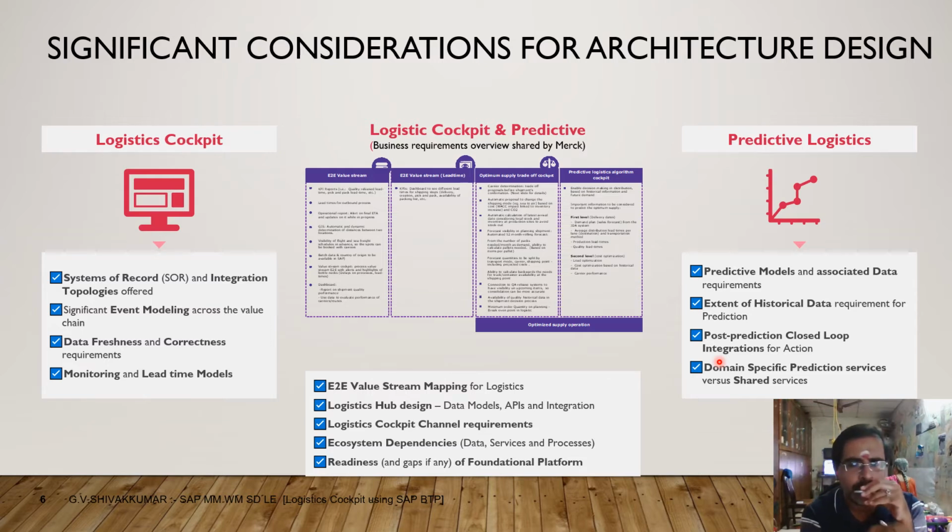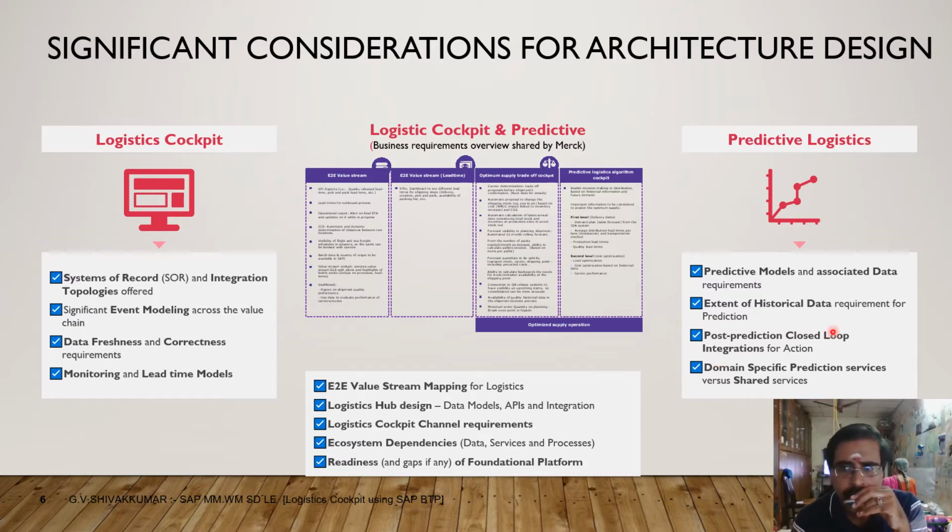Again, that correctness will be at the actual, and the estimated results based on prehistoric data can be leveraged, and you can avoid future mistakes. That is important. That can be done through a closed loop with the BTP and SAC combination in SAP S/4HANA, so the post-prediction closed loop integrates any action, any logistics action.